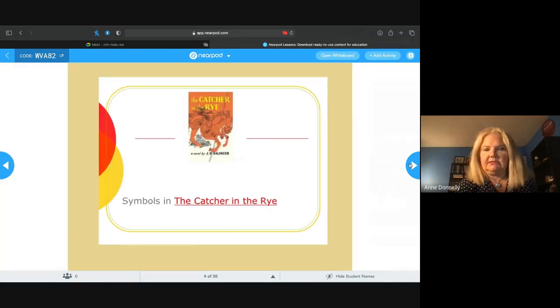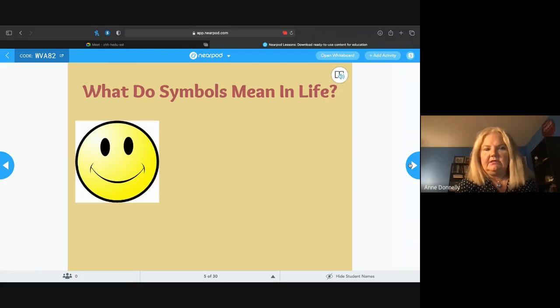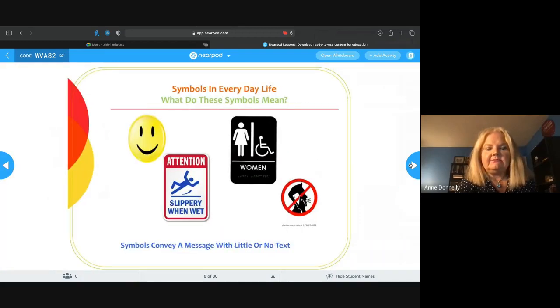So I'm going to zip along here. Here's a recap of symbols in everyday life. We see the smile, have a nice day. This one, slippery when wet. Oh, watch out. A woman sign. Sometimes you don't even have to put women there.